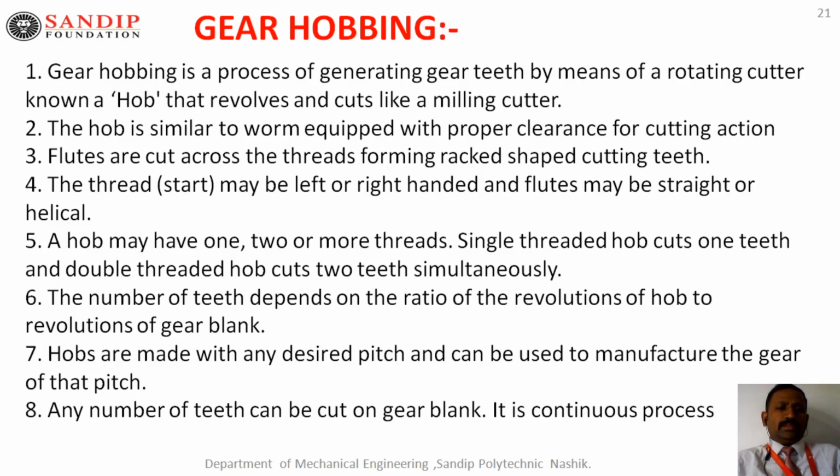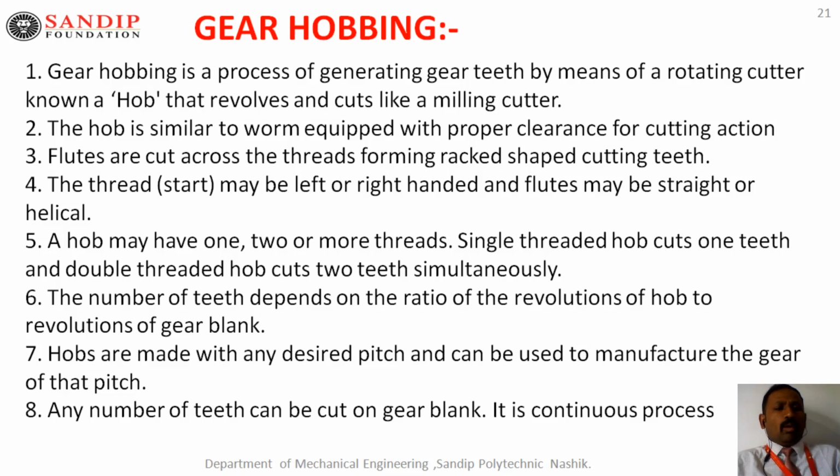Now we are going to see the second method, that is gear hobbing. Gear hobbing is a very simple process. It is a method to manufacture gears. The hob is a tool like a screw, and the helical teeth have slots cut into them, and those cutting edges are used to cut the material from the blank in a continuous way.